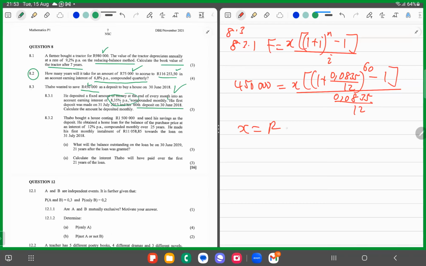So you get that this is 6,068 and 69 cents. That is the x.